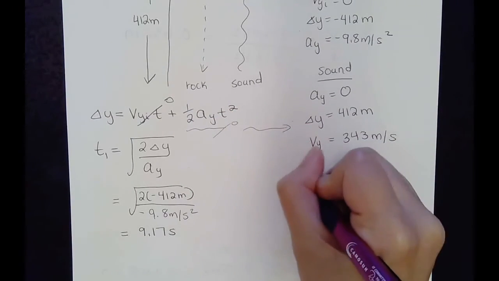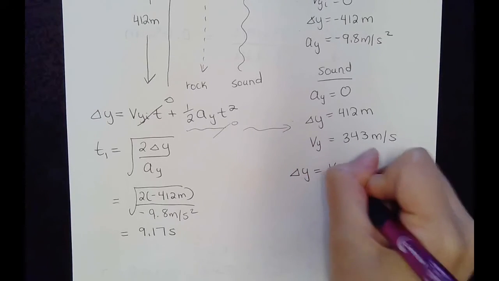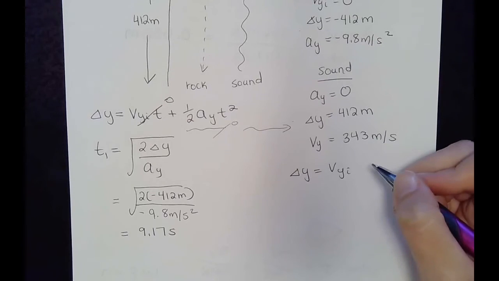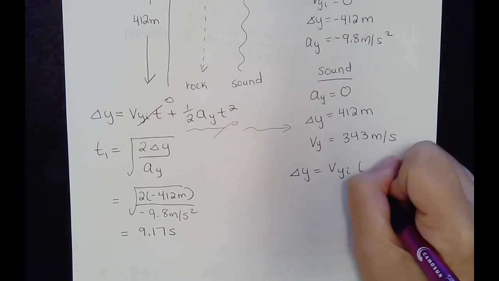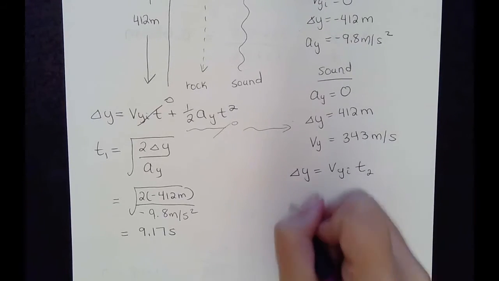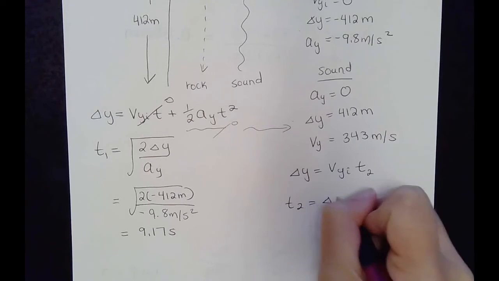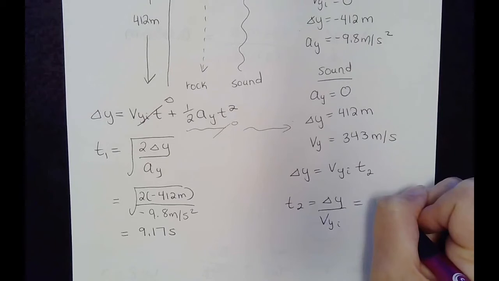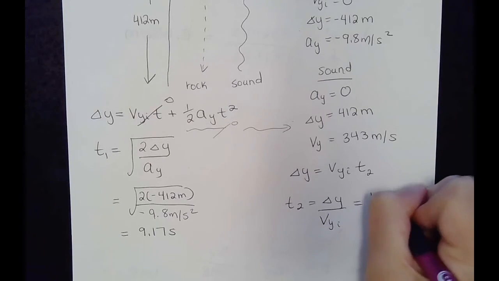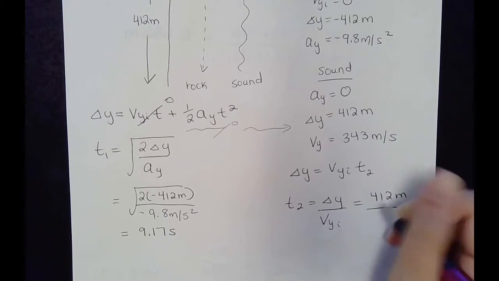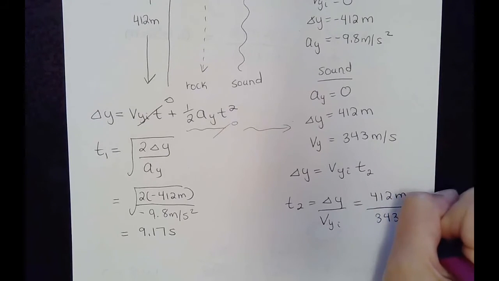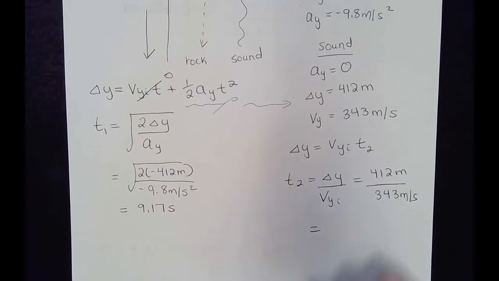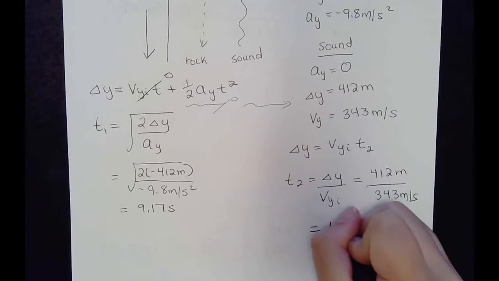So we have delta y equals Vyi t, where Vyi, Vy, Vyf are all the same since speed is constant. T2 equals delta y over Vy, which is 412 meters over 343 meters per second. So 1.2 seconds.